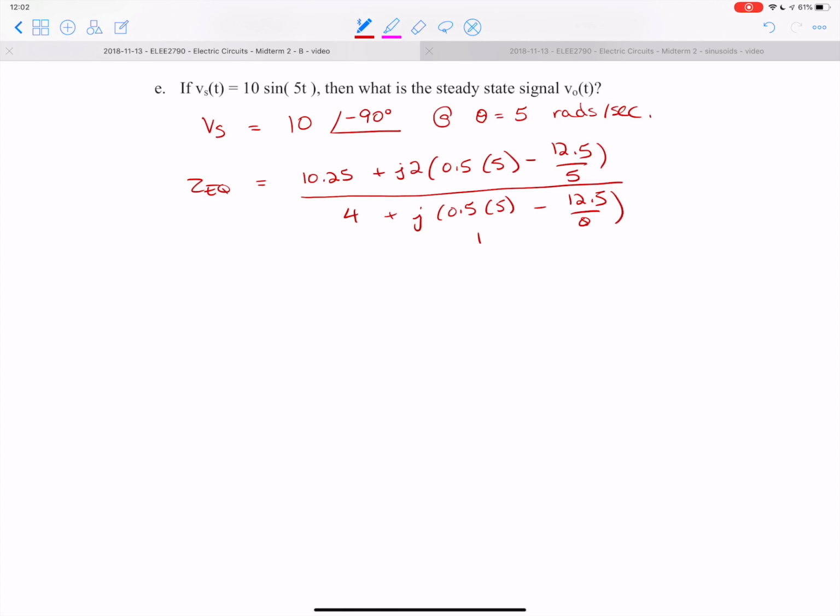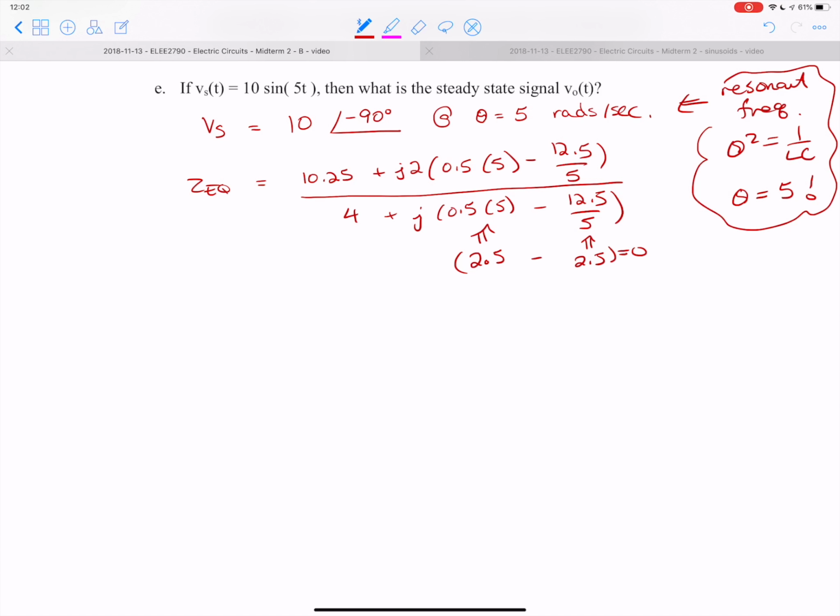Now, we'll notice that 0.5 times 5 is 2.5. 12.5 divided by 5 is also 2.5. 2.5 minus 2.5 is equal to 0. So this is actually our resonant frequency. Remember, that's always theta squared is equal to 1 over LC. In this case, that happens to be exactly where we got our resonant frequency, theta equals 5.